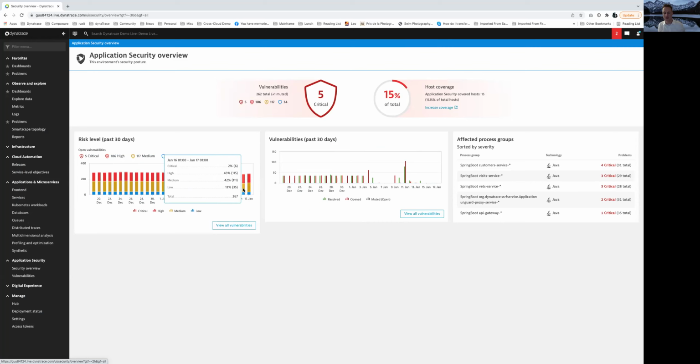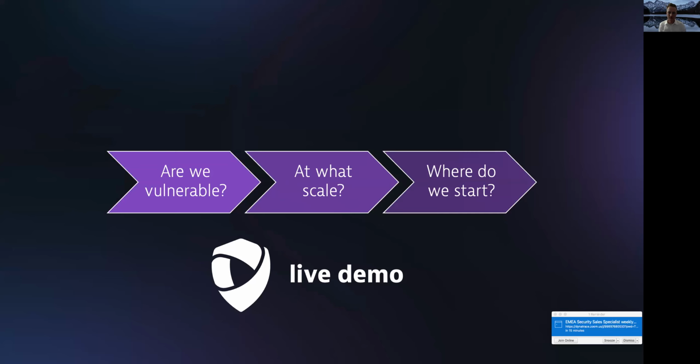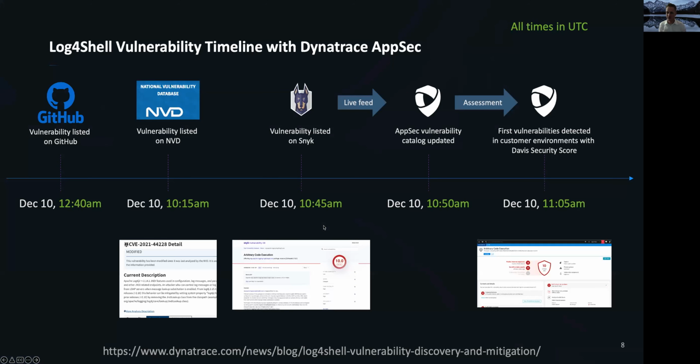Perfect. Daniel, thank you. I think let's close with the topic that is still top of most of our minds. Just to recap, I want to close my part of the clinic with the summary of how Dynatrace detected the Log4Shell vulnerability. This is a very nice timeline, and Chris Randers put together that slide.